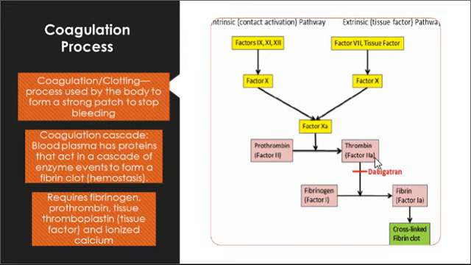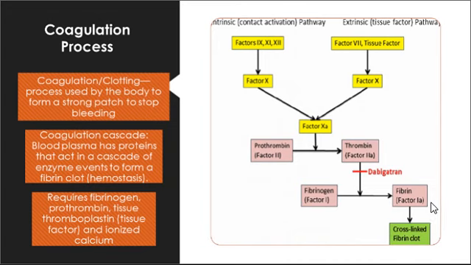Factor 11A, and to form your fibrinogen, which is next on your list. Fibrinogen is a high molecular weight protein in the blood plasma that by the action of thrombin is converted to fibrin, or factor 1.